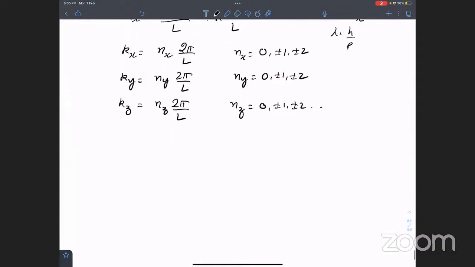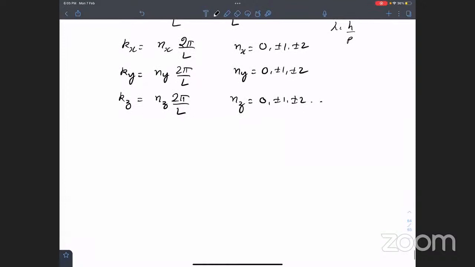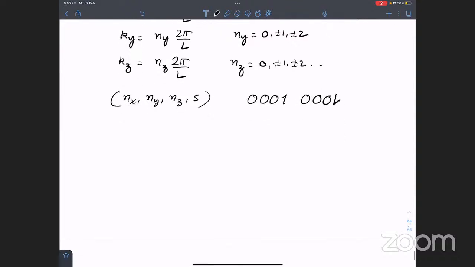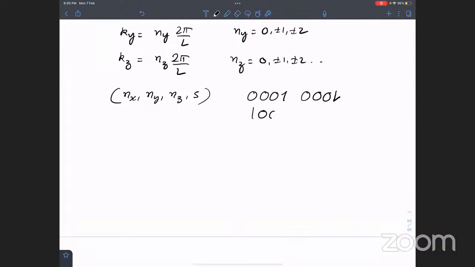So how do I characterize any particular eigenstate? I characterize it by specifying these quantum numbers, nx, ny, nz, and s. I need a total of 4 quantum numbers. For example, can ny be 0? Yes, it can be 0, no problem. So I can have a quantum state like 0, 0, 0 up, or another quantum state 0, 0, 0 down, or 1, 0, 0 up, 1, 1, 0 down.